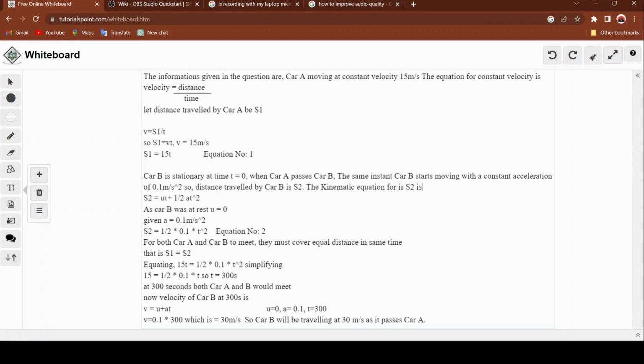In order to find the velocity of car B, we have the information that the time is 300 seconds, the initial velocity is 0 and the acceleration is 0.1 meter per second square.